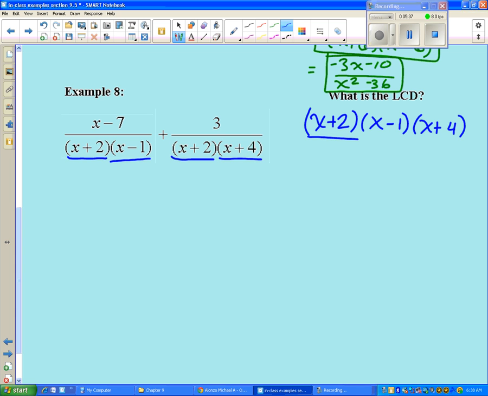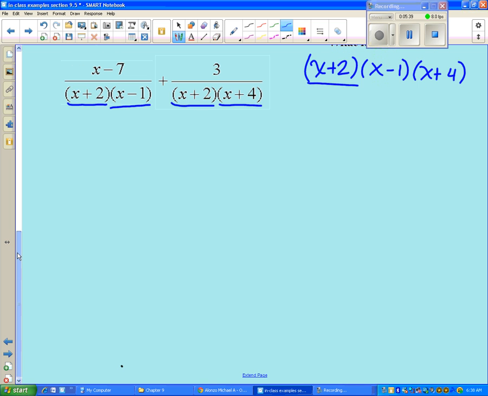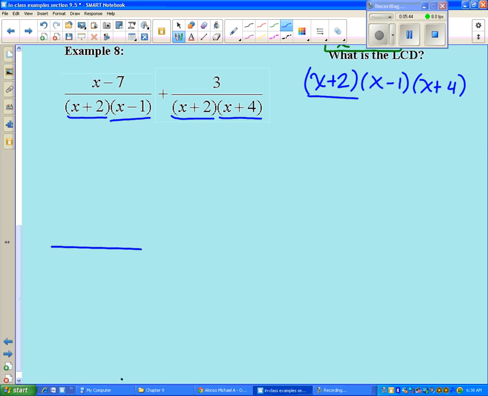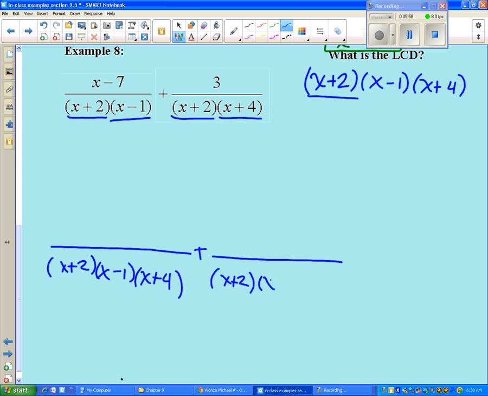So, again, I'm going to have a denominator of x plus 2 times x minus 1 times x plus 4. There's a plus in between, and now I'm going to create my two fractions, and I need the x plus 2, the x minus 1, the x plus 4.